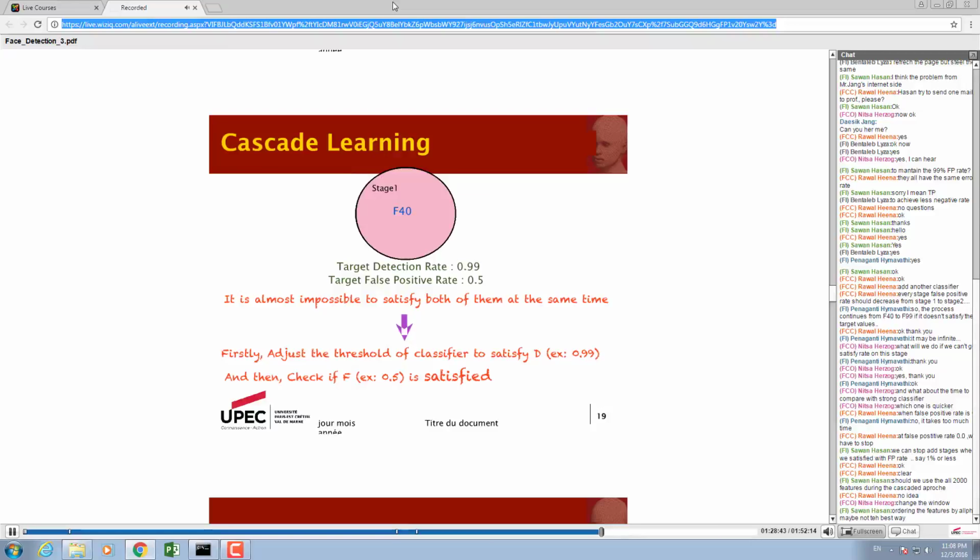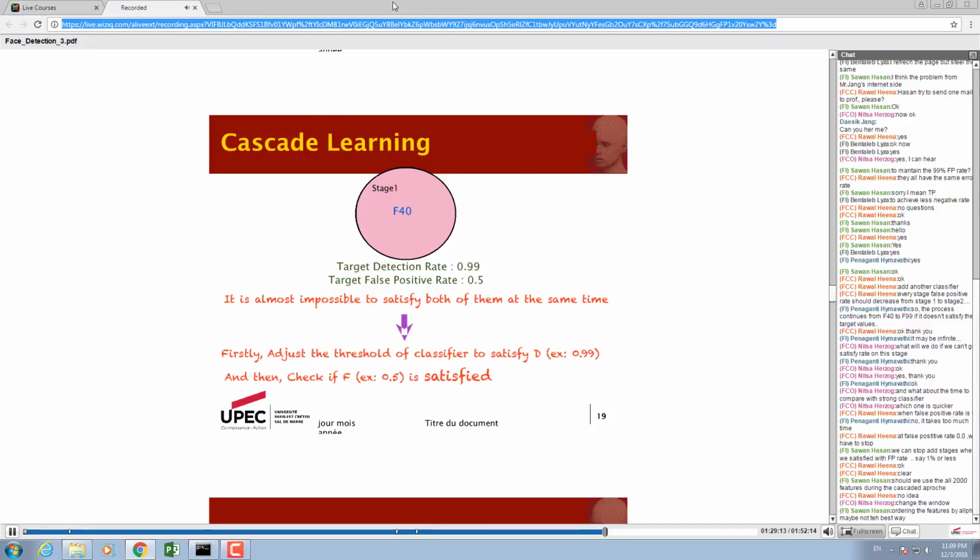Okay, so the solution, you may come up with a better idea later, but the approach of this paper is a two-step approach. So firstly, we cannot satisfy both numbers at the same time. So it is trying to satisfy the first one, the detection rate, first.